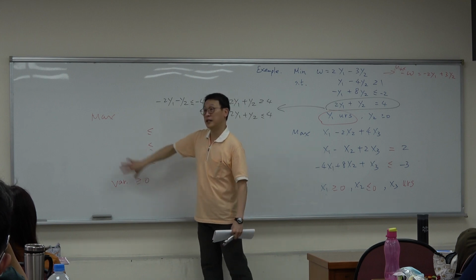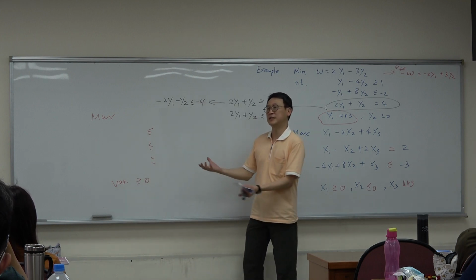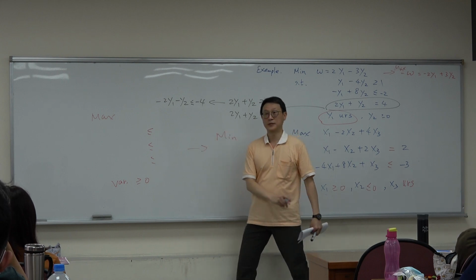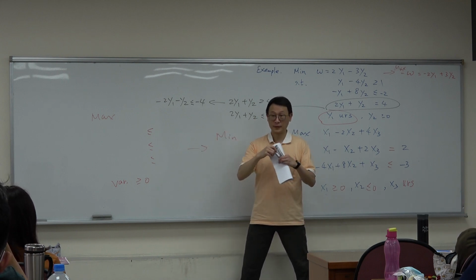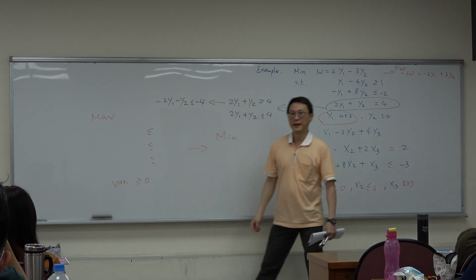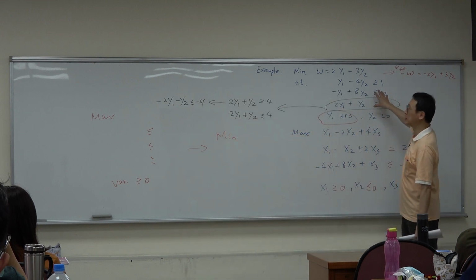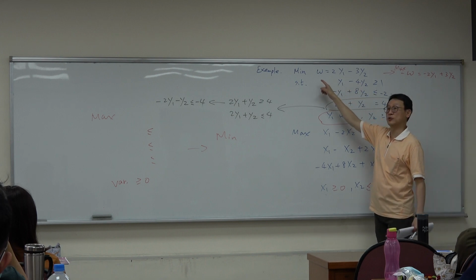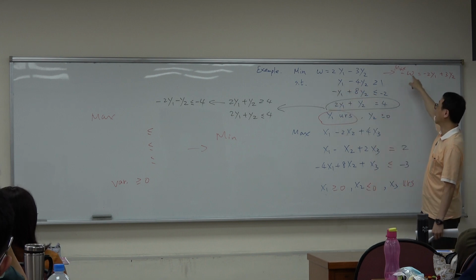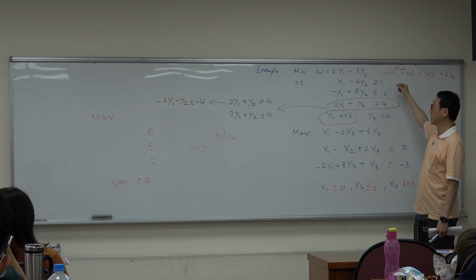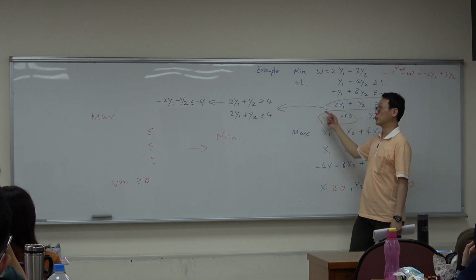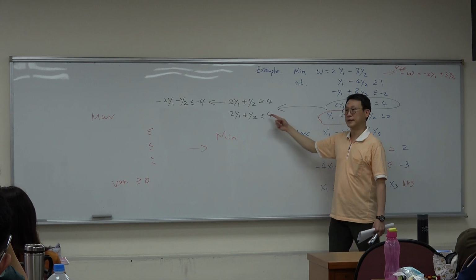If that's the standard form, we can easily transform them to a minimization, just like the first example. Yes, we can do that. The question is, you need to transform them first. For example, the minimization you have to transform to maximization by multiplying by -1. And for the equality, you have to transform it into two constraints.